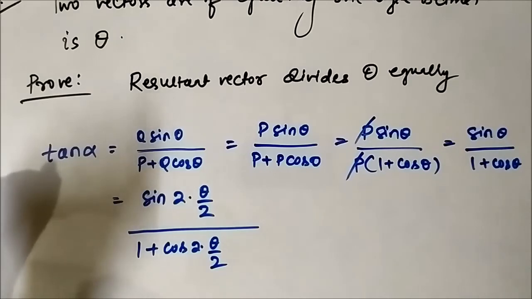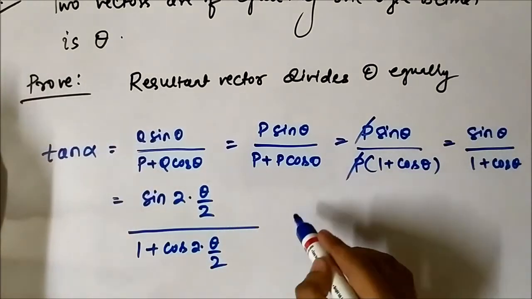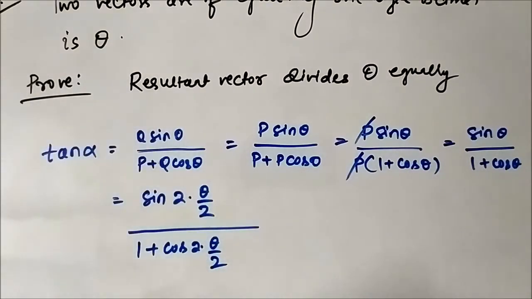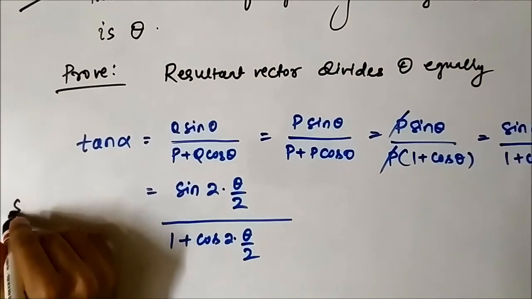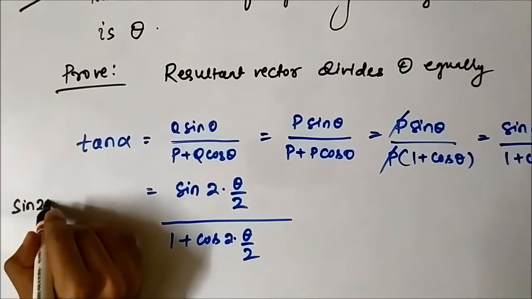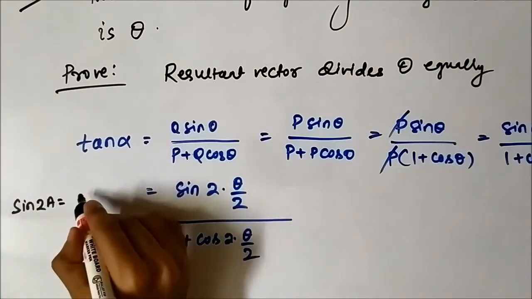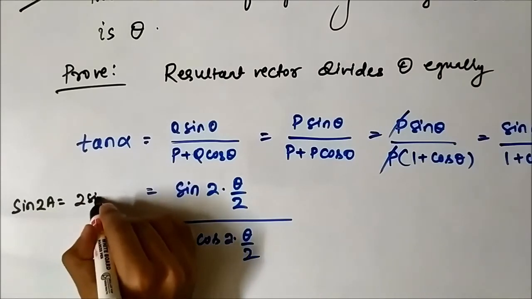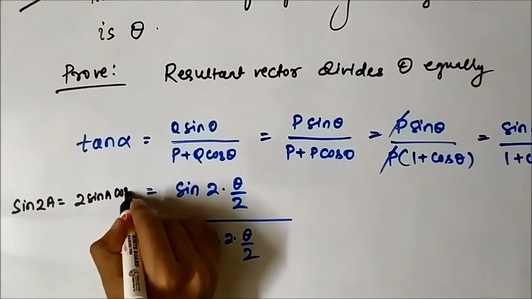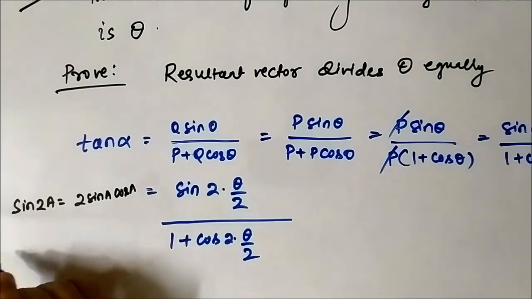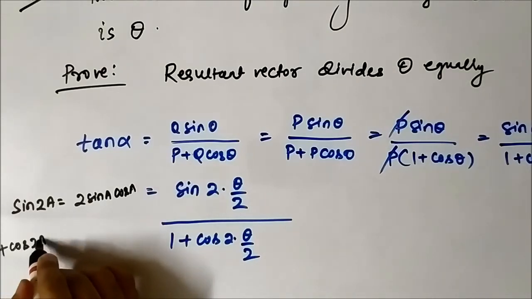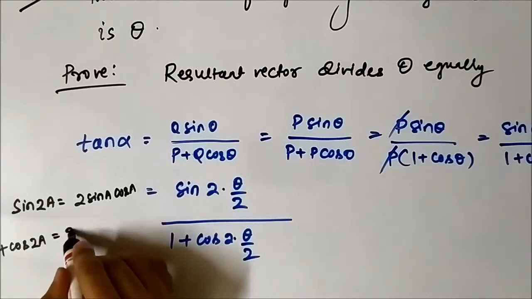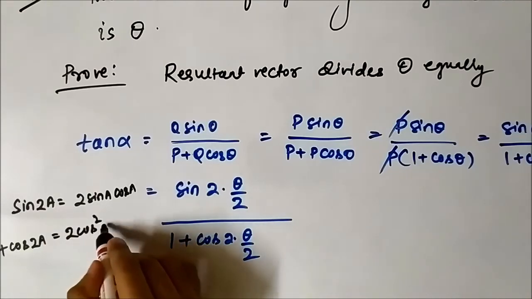Here we have two trigonometric identities, which state that sin 2a is equal to 2 sin a into cos a, and 1 plus cos 2a is equal to 2 cos square a.